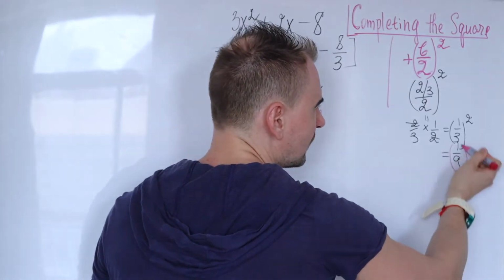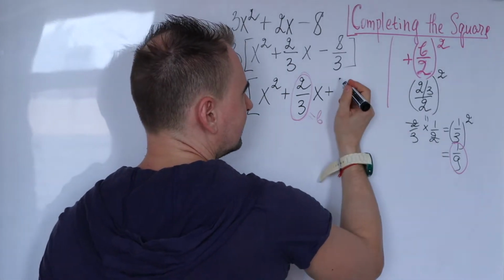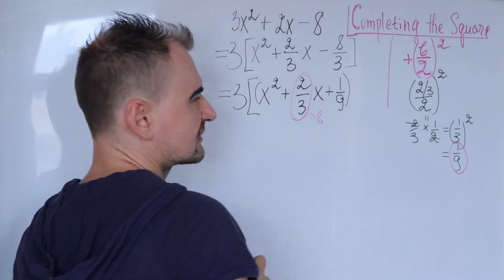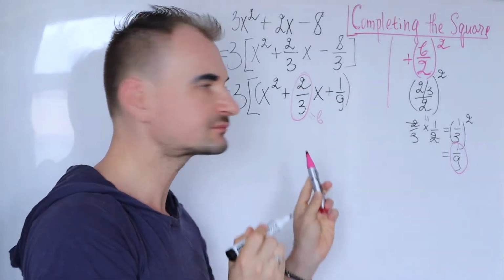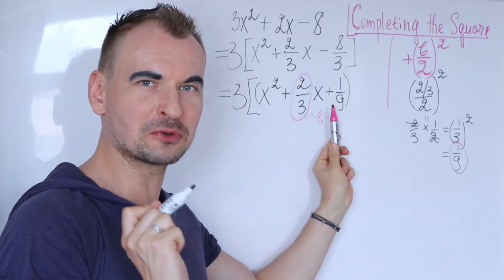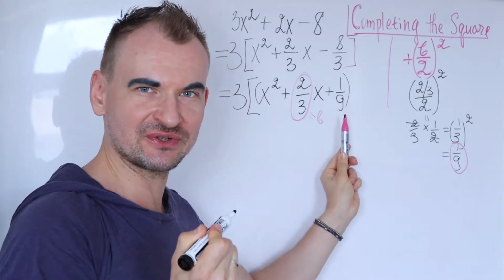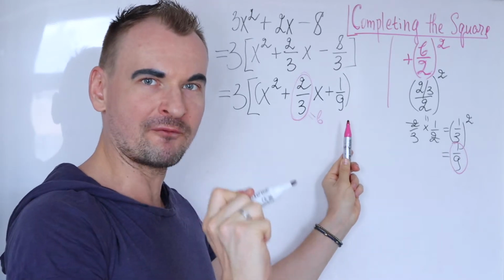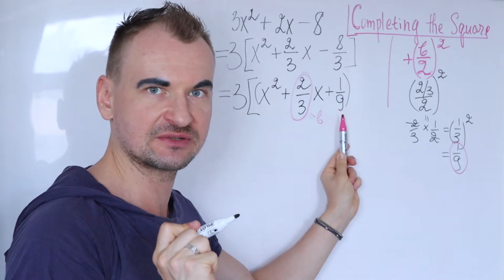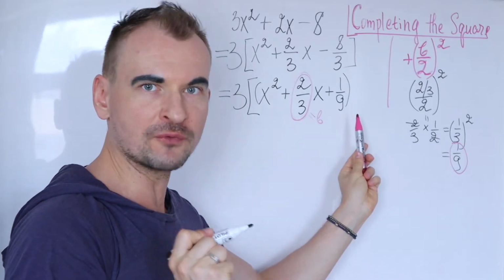So at this point, all you need to do is just add this 1 over 9. And I will draw normal parentheses enclosing these terms. Now, this is the most important part, extremely important. Since you add something to your term, you have to subtract off the same quantity, the same fraction at this point, because we don't want to change the overall value of your trinomial, of your expression.